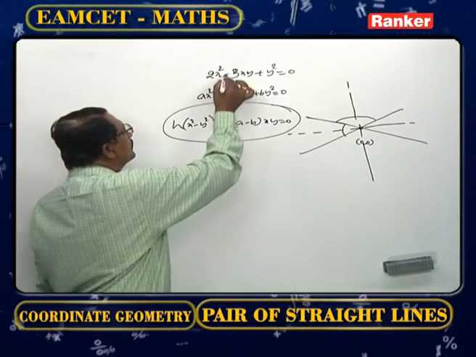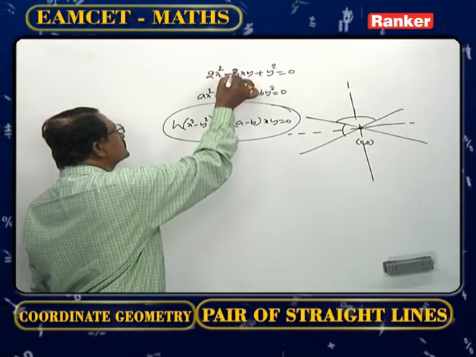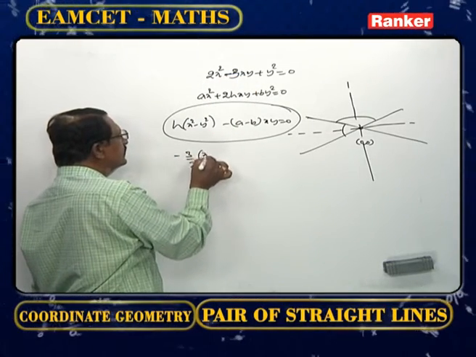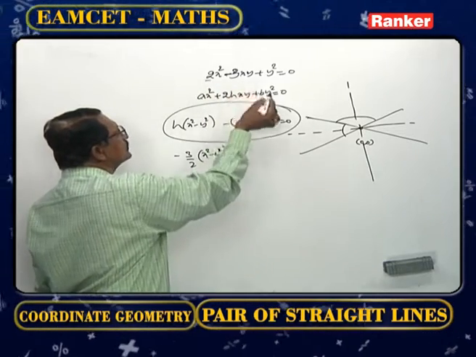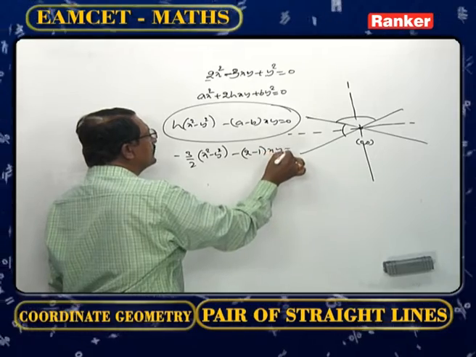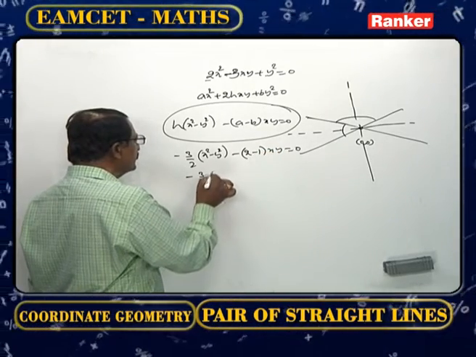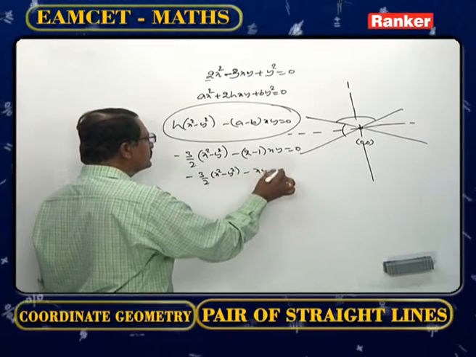Now in the given problem 2h equals minus 3, h equals minus 3 by 2. Minus 3 by 2 into x square minus y square, minus a minus b, a equals 2, b equals 1, 2 minus 1 into xy equals 0. Now minus 3 by 2 into x square minus y square minus xy equals 0.